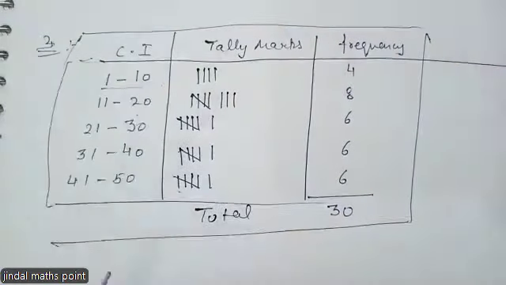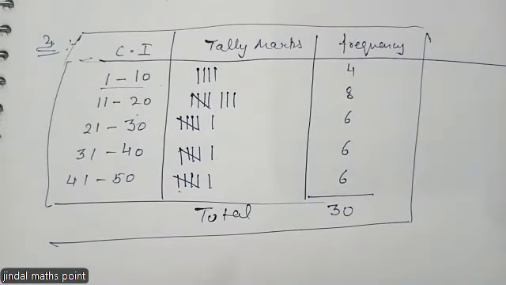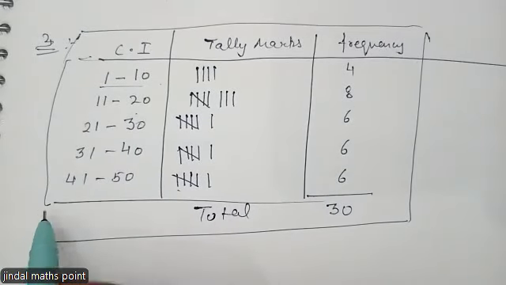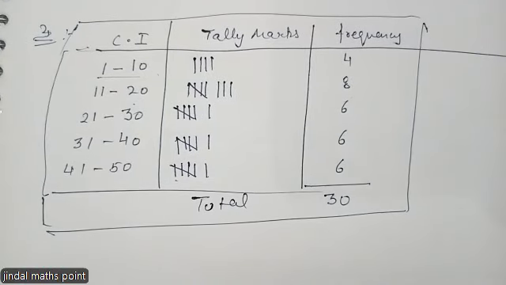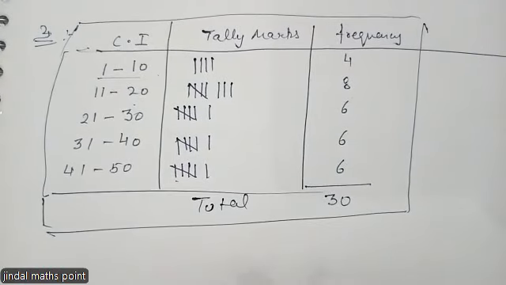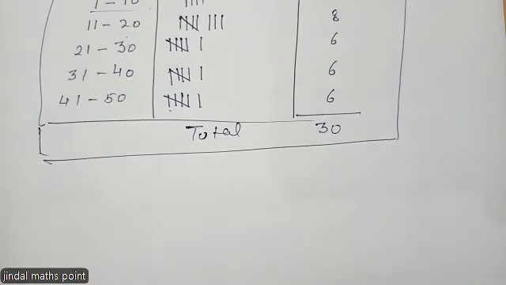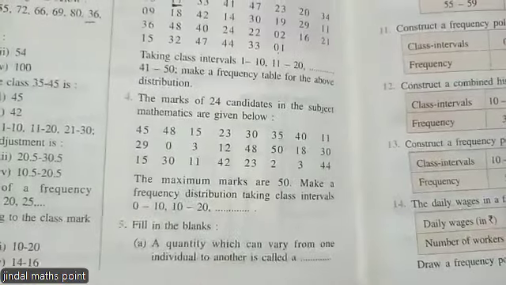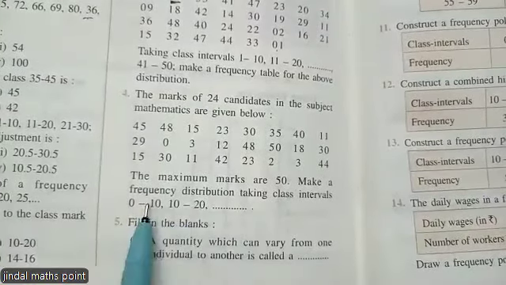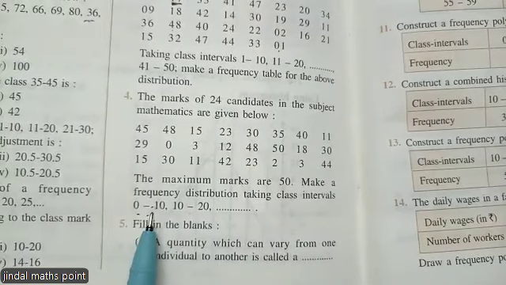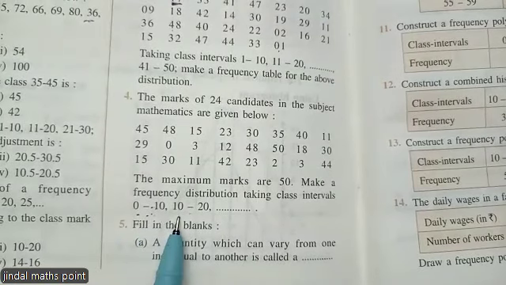You can use ruler and pencil to mark these lines. Okay? Understood? Yeah. Now, in the same manner, can you draw this one? But here, continuous is there. 10 is not included. 10 is included in the second interval.